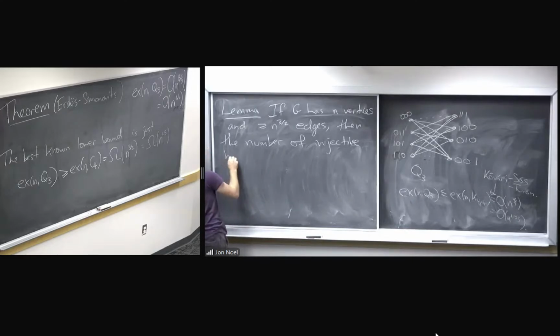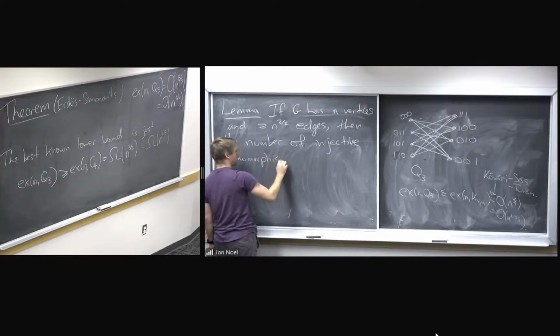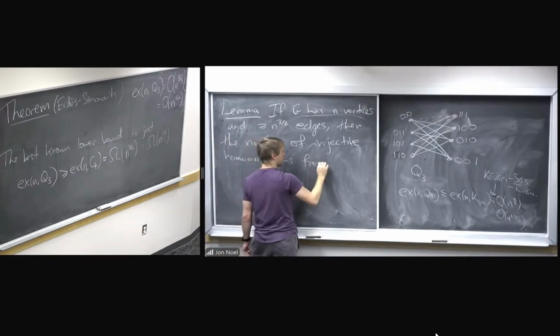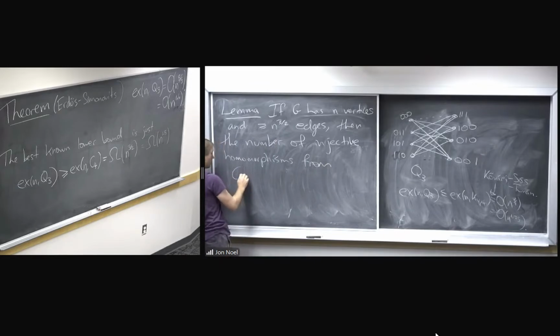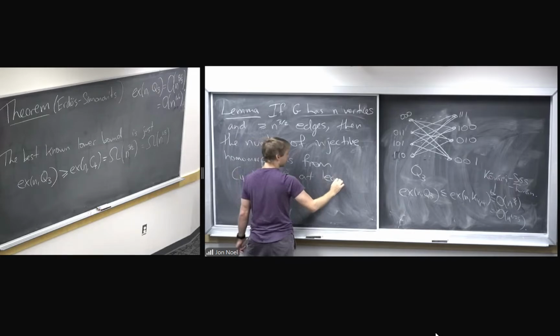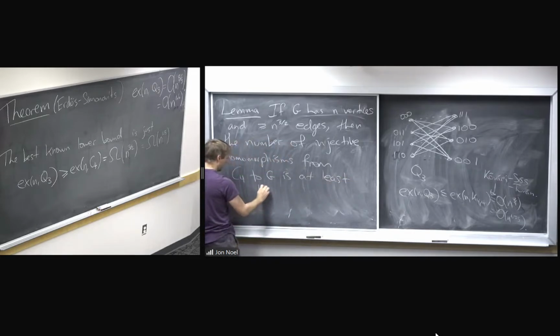So the number of injective homomorphisms from C4 to G is at least the number of edges of G to the power 4 over the number of vertices of G to the power 4, which is n, right? So over n to the 4.